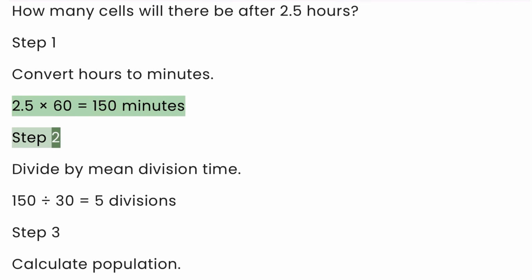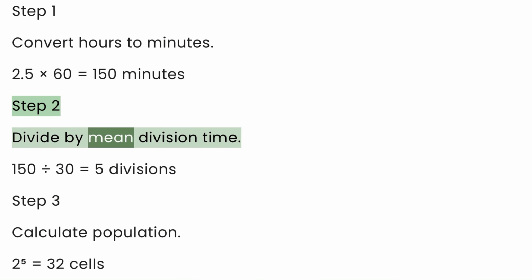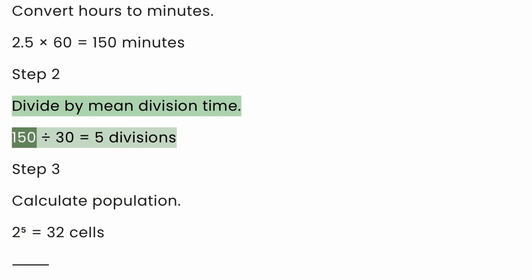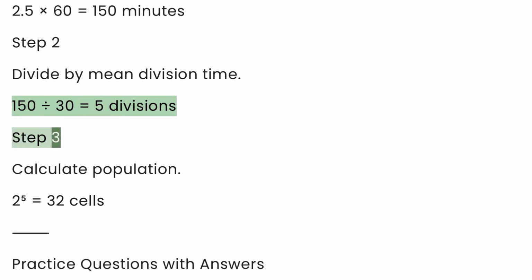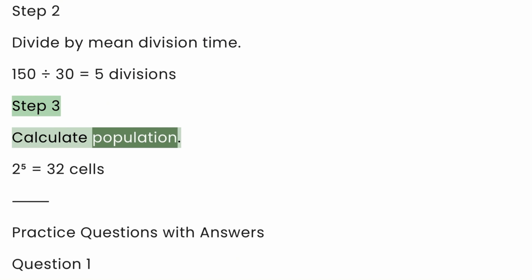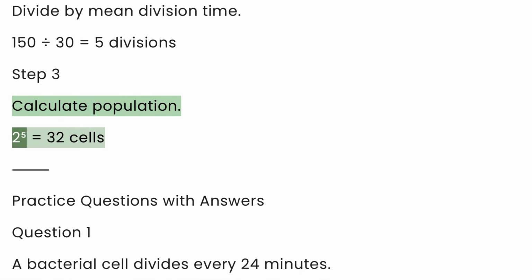Step 2. Divide by mean division time. 150 divided by 30 equals 5 divisions. Step 3. Calculate population. 2 to the power of 5 equals 32 cells.